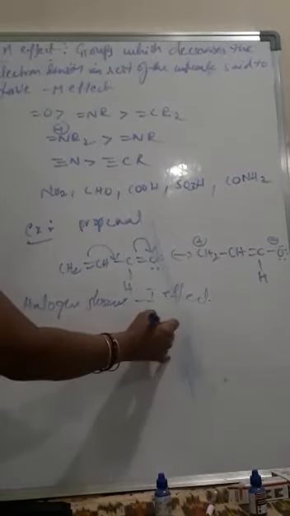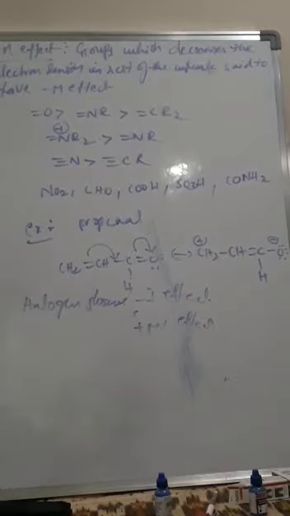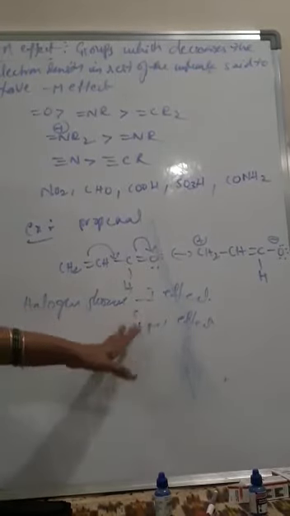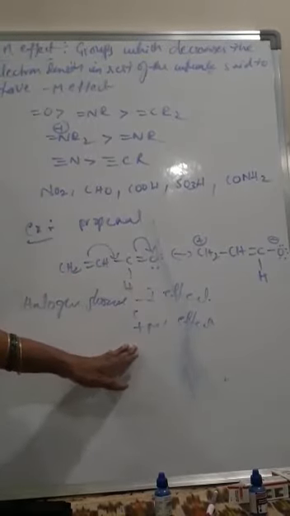So halogen shows plus M effect, positive mesomeric effect, because they have lone pairs of electrons and transfer of electrons takes place to the rest of the chain, away from the atom. That's why electron density increases in the rest of the chain in case of positive mesomeric effect, and decreases in the rest of the chain in case of negative mesomeric effect.